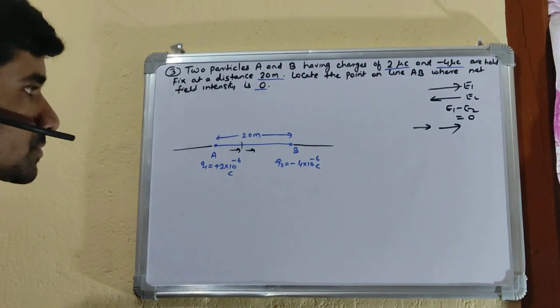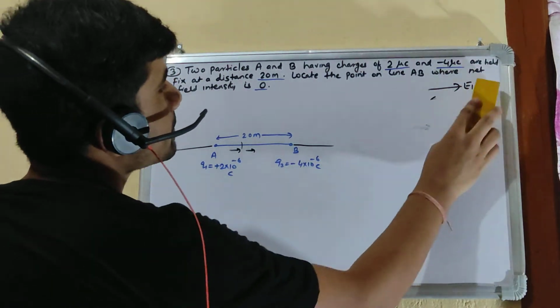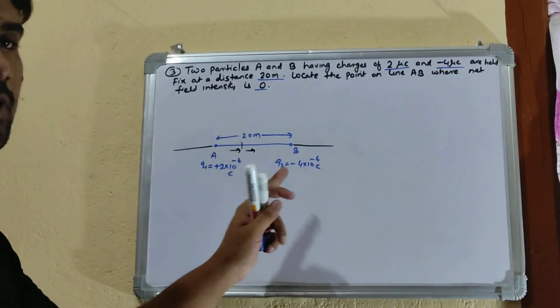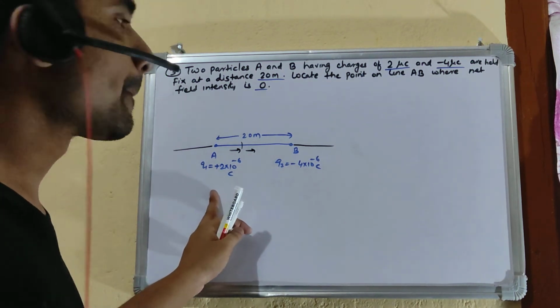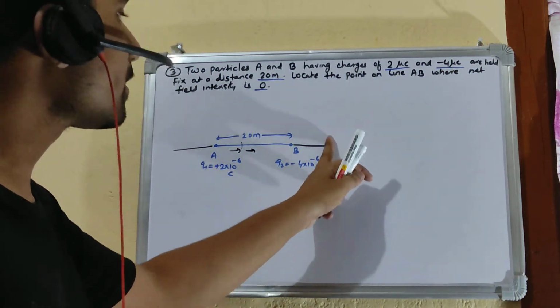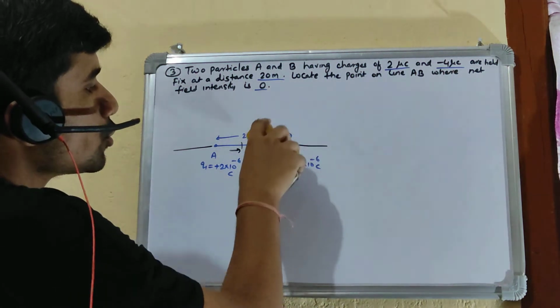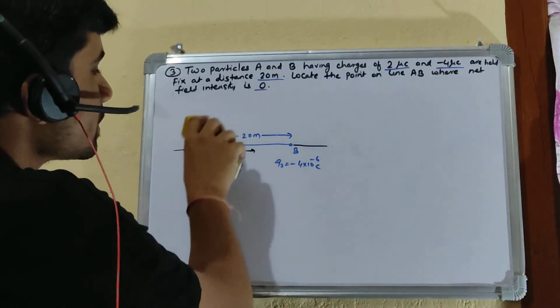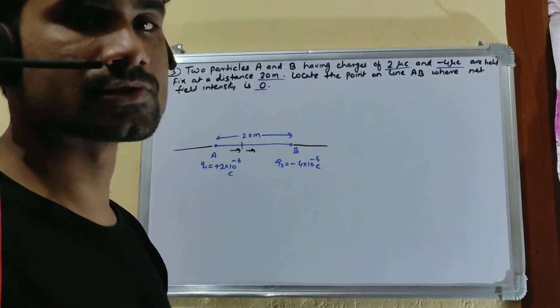Now you can think analytically that this charge is of higher magnitude and this charge is of lower magnitude. If I pick a point towards the right, the electric field due to this will be very, very higher than the electric field due to this, because this is of higher magnitude and this has less distance also.